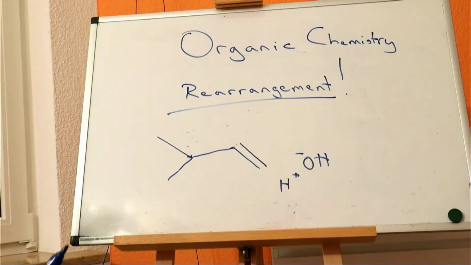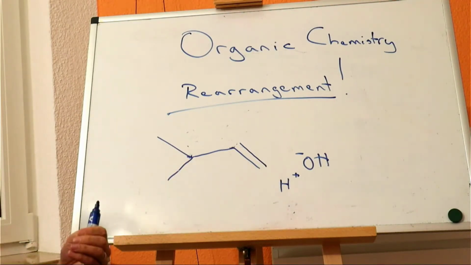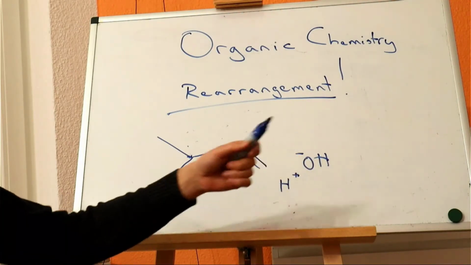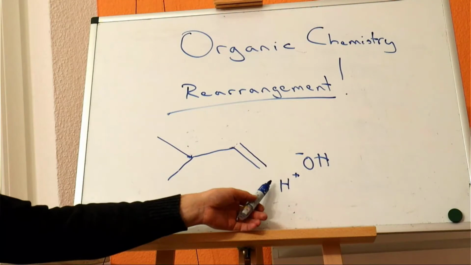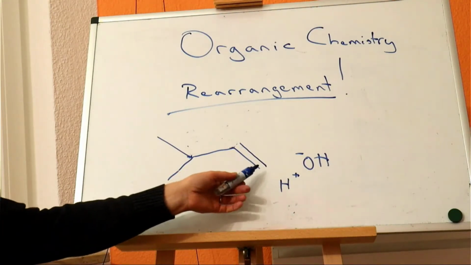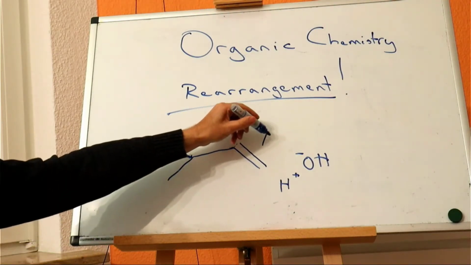Now the problem that we have here, compared to the previous example, is that a double bond has an excess of electrons rather than a deficit of electrons. So it's not very easy to attack it with a negative species, with a nucleophile. Therefore, the H plus is going to do the first step for us. We can add the H plus to either end. And if we add an H plus, let's put the H plus in the middle.